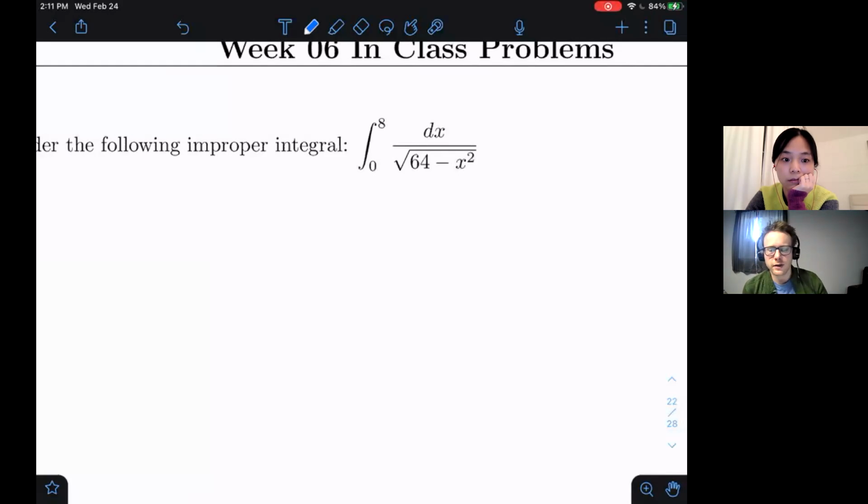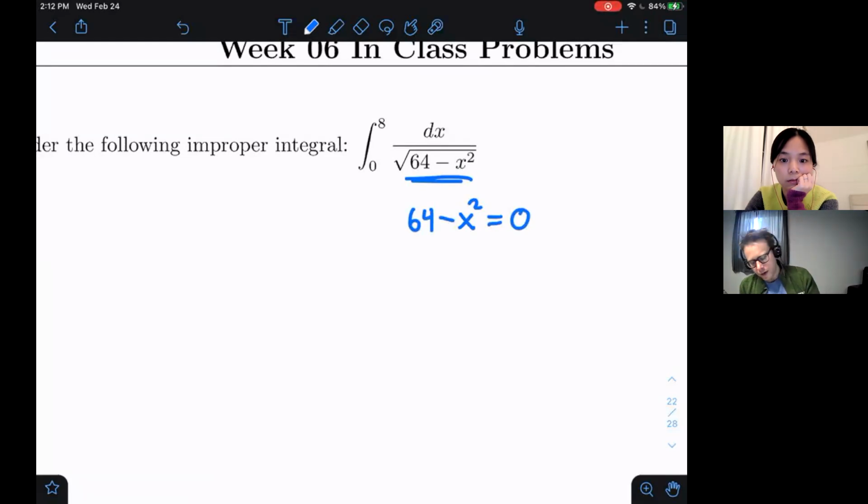Again, we have to do a little bit of searching. In this case, we don't have any infinities, so you don't get an improper integral from that. However, what would make our denominator equal to 0? If you plug a 0 into a square root, certainly you would get 0. So if the thing inside our square root was equal to 0, we would have an issue.